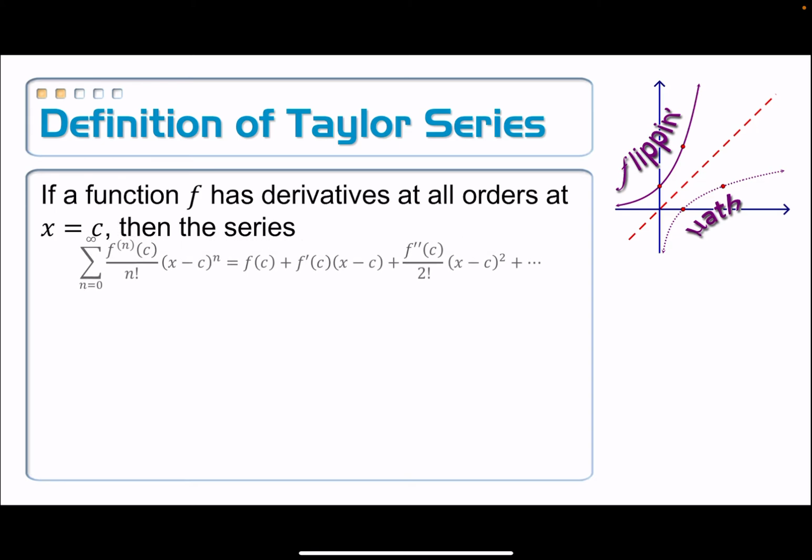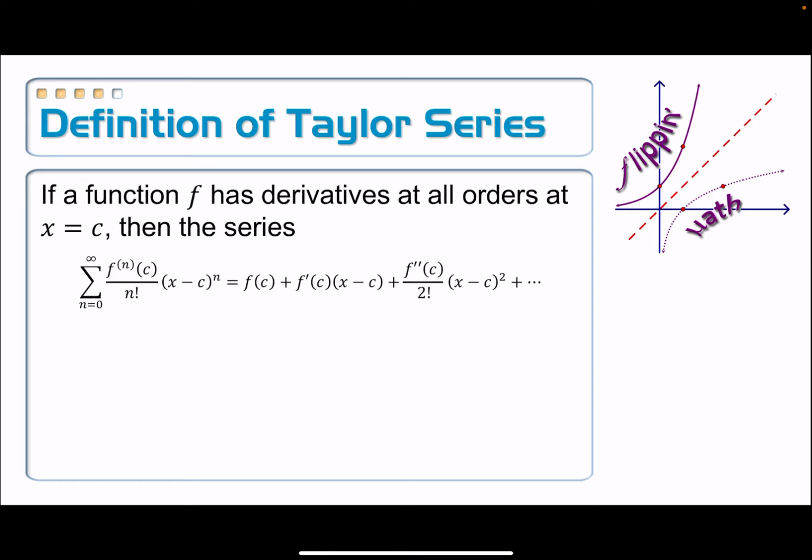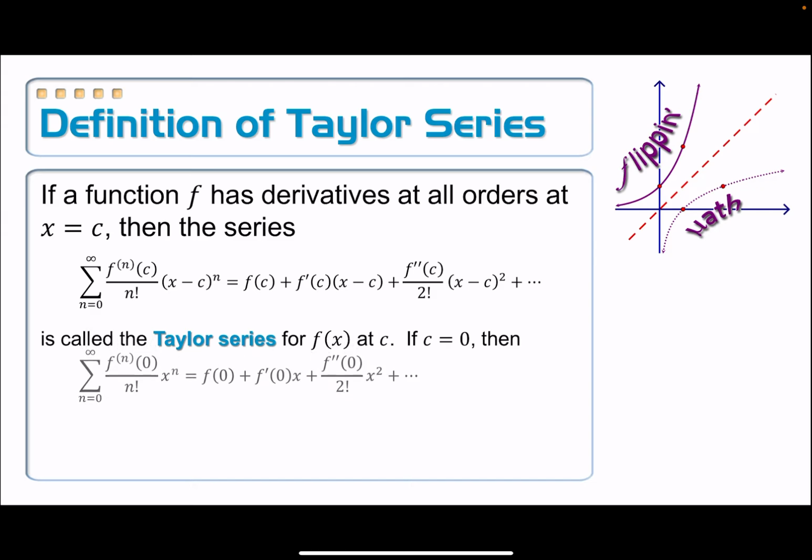Then the series, which looks just like the Taylor polynomial but is established as a series, the infinite sum from n equals 0 to infinity of the nth derivative evaluated at c divided by n factorial times x minus c to the nth power, is called the Taylor series for f of x at c. And if c is equal to 0, it gets its special name, the Maclaurin series.